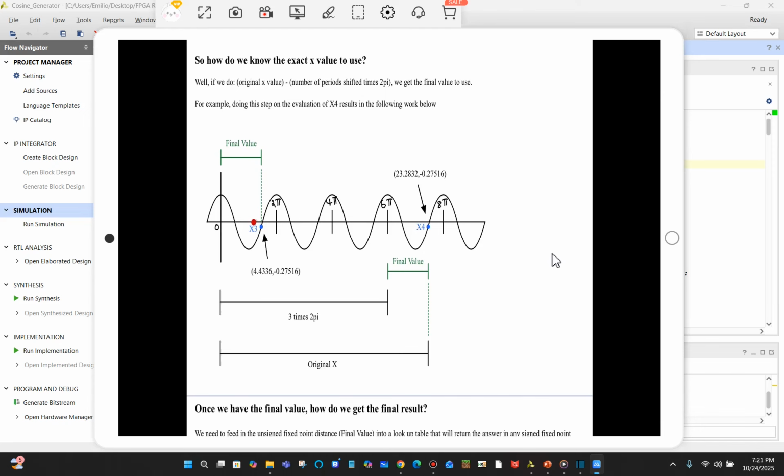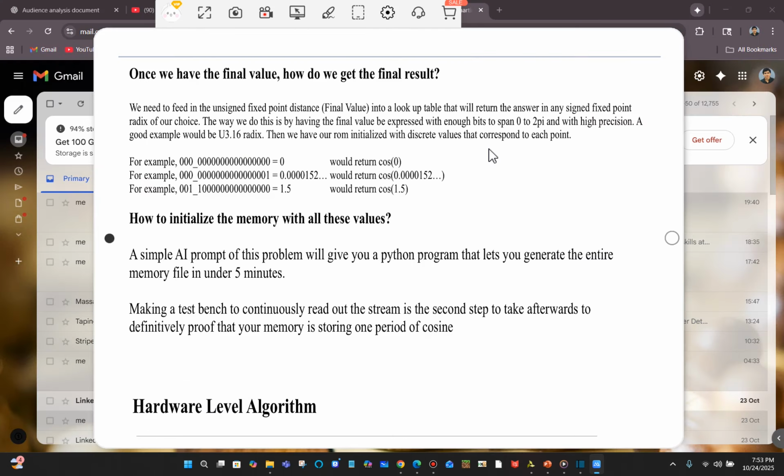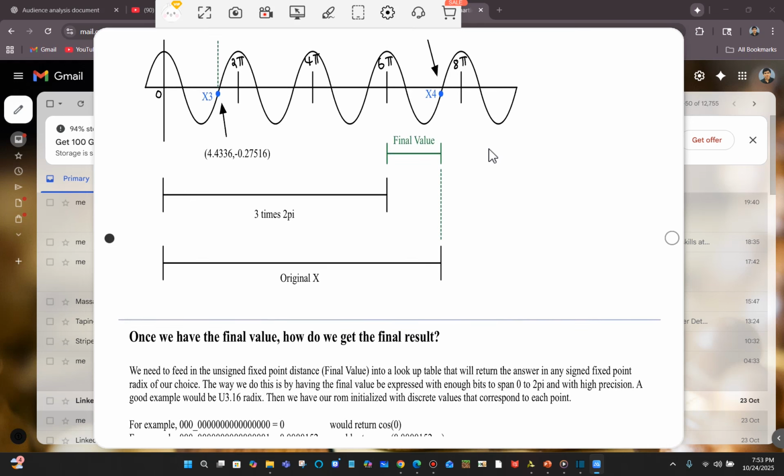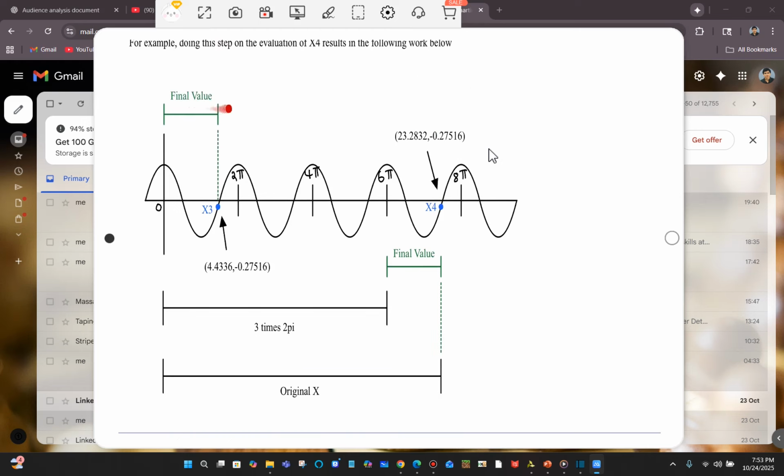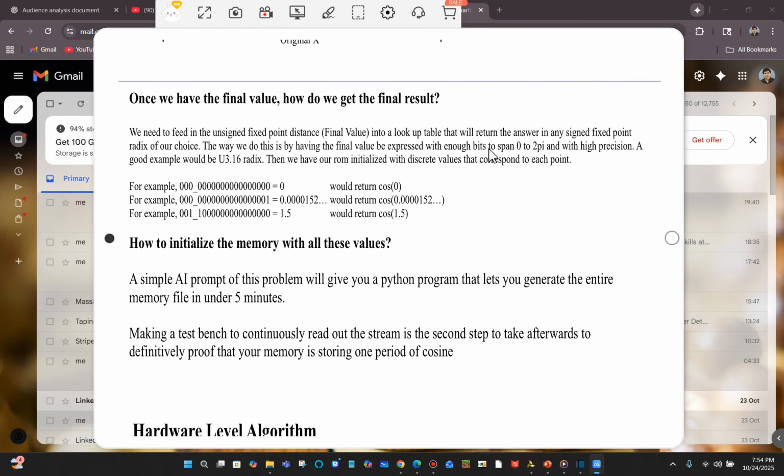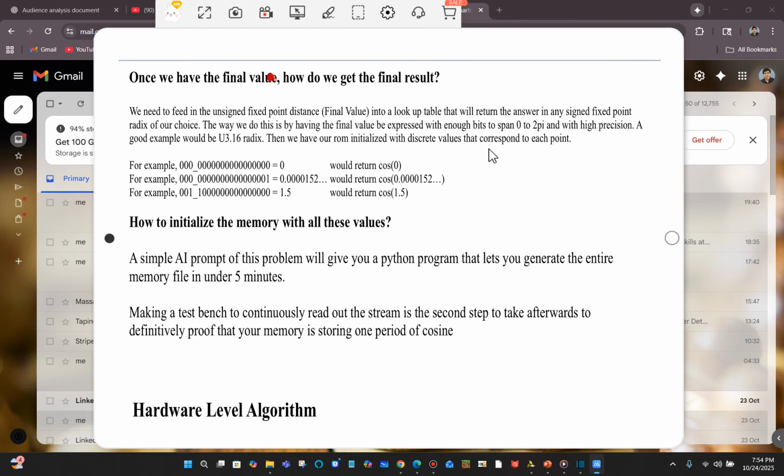Then we can look up in our table what x3 is. So once we have our final result, once we have this distance here, which in our previous example was x3, once we are able to derive the x coordinate x3 from x4 through doing the steps previously outlined, how do we get the final result?